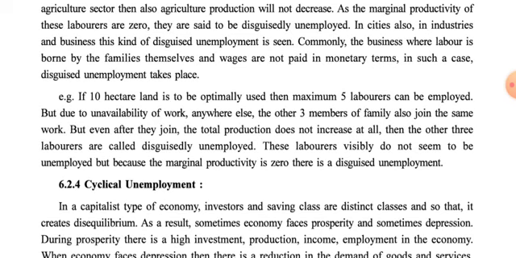But due to unavailability of work, there are other 3 members of the family who are expecting a job somewhere else. But after searching reasonably, they are not able to find a job anywhere else. So they also join the same work. Now, in place of 5 employees, there are 8 persons working on the same field.